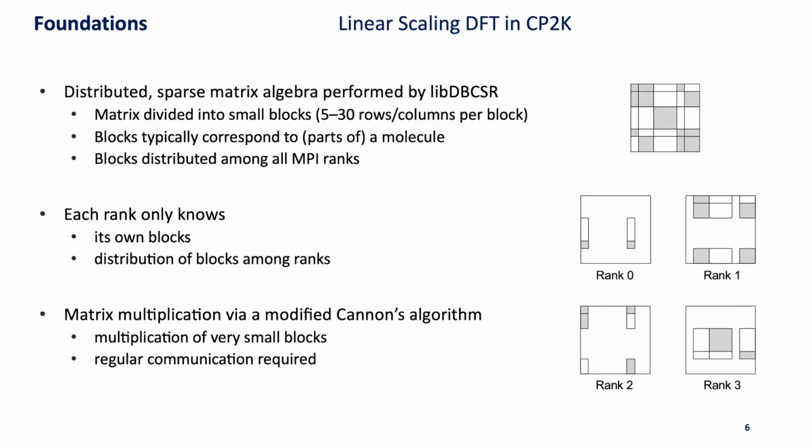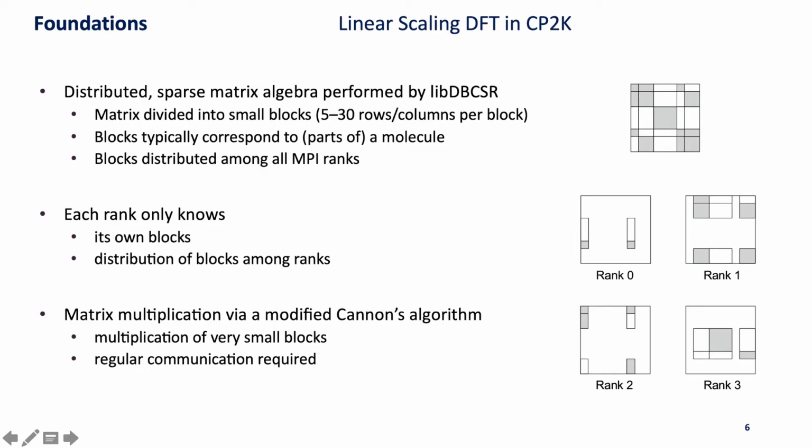And the responsibility for these blocks is then distributed among all MPI ranks. So we can see here a quick example. The darker areas should denote blocks with non-zero values, while the white areas are entirely zero. And then maybe rank 0 just knows about these 4 blocks, rank 1 knows these 9 blocks, and so on.